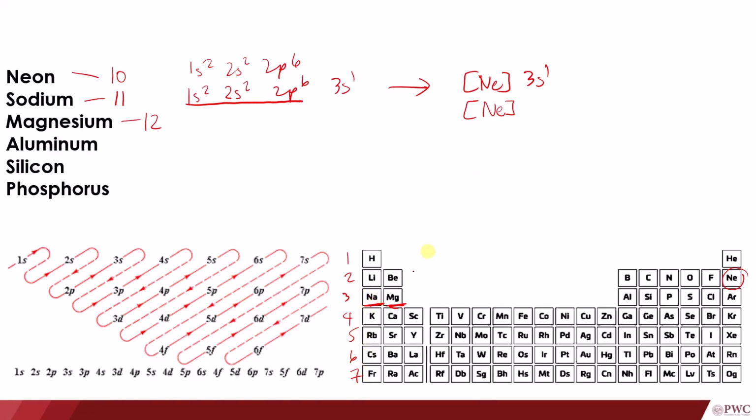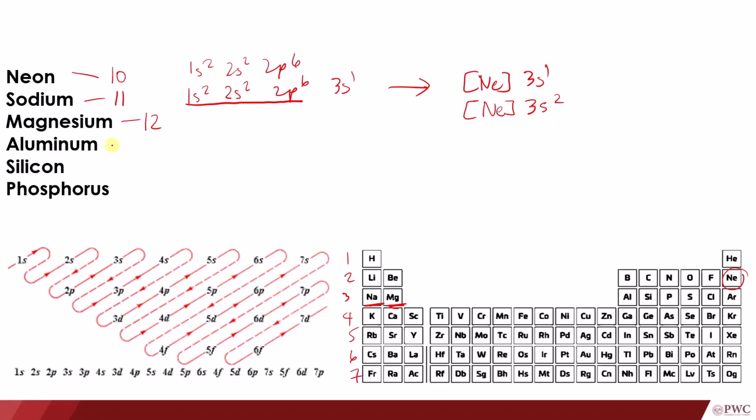In this case, the last part is on the third energy level. So 3s1 for sodium, so magnesium will be 3s2. So the last configuration is on the 3s level.